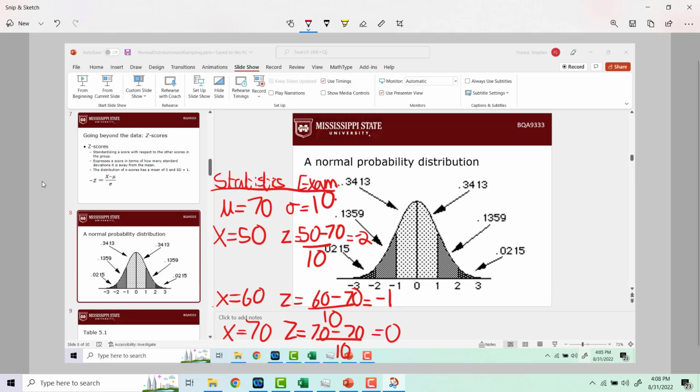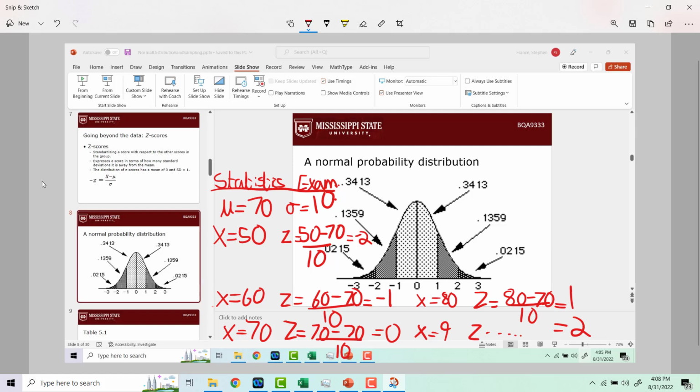And then if my x is 80, my z is 80 minus 70 all over 10 equals 1. And if my x is 90, I think you can work out that my z is going to be equal to 2, 90 minus 70 over 10.